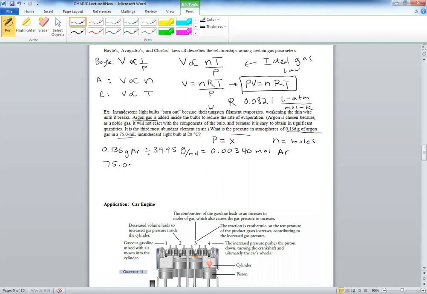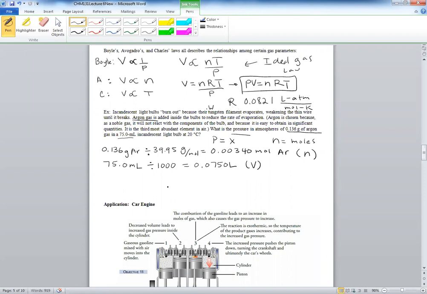Wonderful. Now the next thing we want to do is to convert from mL to liters. You have two choices. You can divide by 1,000 or move the decimal point 3 places to the left, 1, 2, 3. So that would give you 0.0750 liters. Good. So now we have n, and now we have V. R is right there on the top. It's a constant.